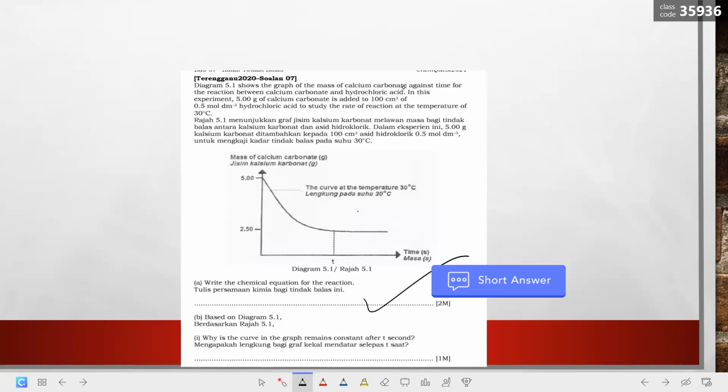Look at my graph. You sure all my calcium carbonate reacted? The answer is all the hydrochloric acid has been used up, or has reacted completely with the calcium carbonate. Why? Because if you notice, I only use up to 2.5 grams of calcium carbonate. I still have another 2.5 grams here.